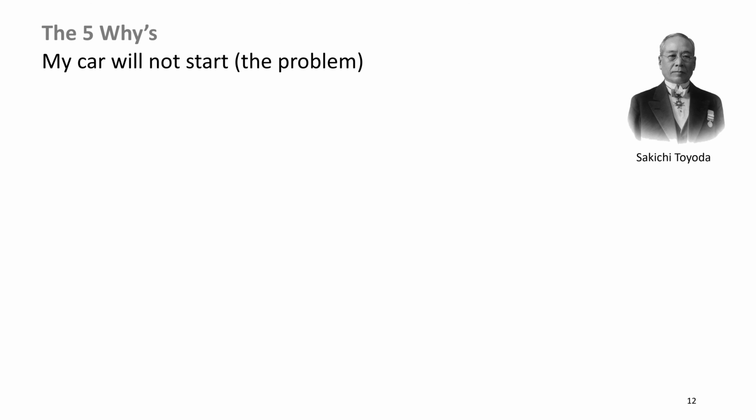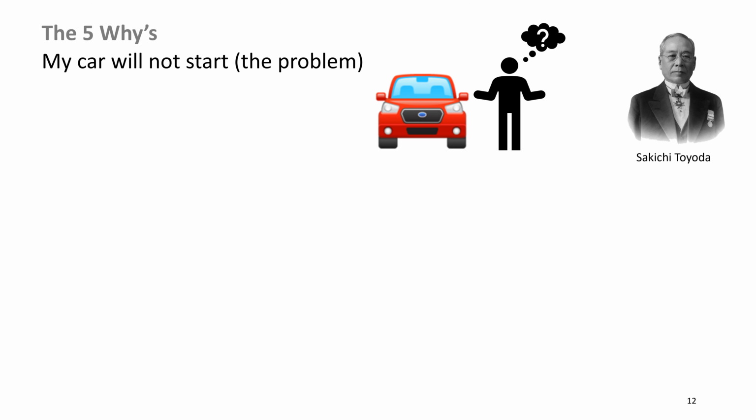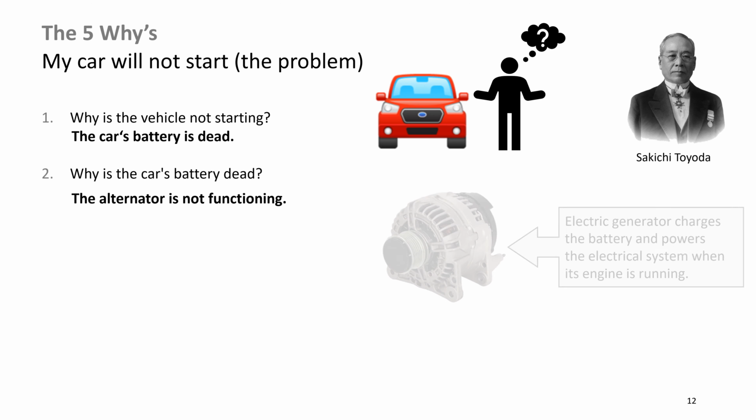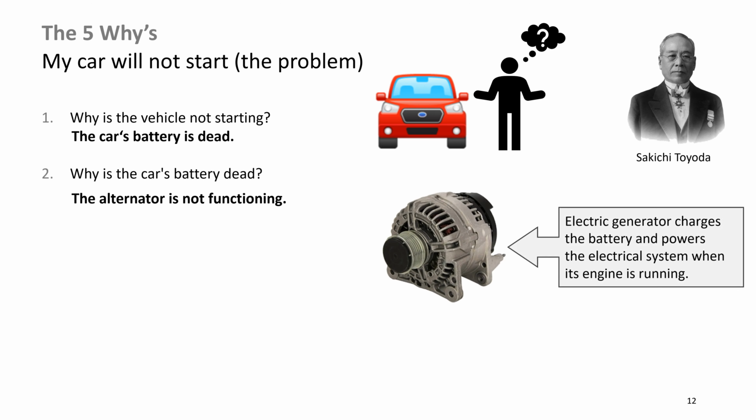Suppose our car won't start. The problem is clear, but what is the root cause? We can now approach the problem. Why is the vehicle not starting? The car's battery is dead. Why is the car's battery dead? The alternator is not functioning.